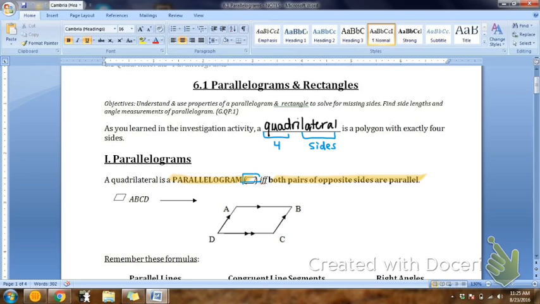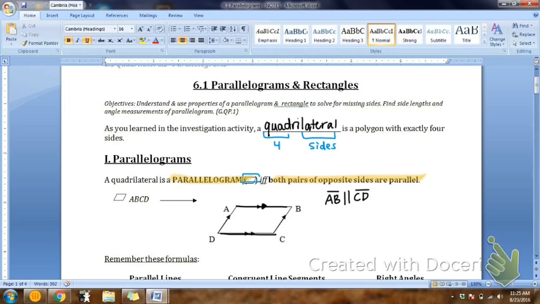So if you look at your little box down there, your example, side AB should have another triangle, because it corresponds to CD. So in this diagram, we know that side AB is parallel to side CD.